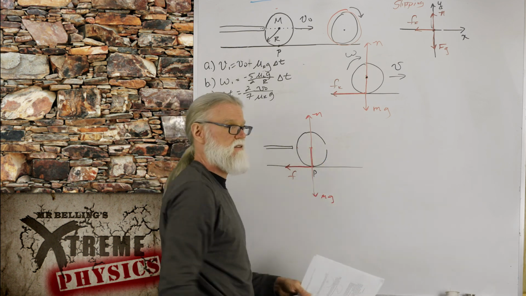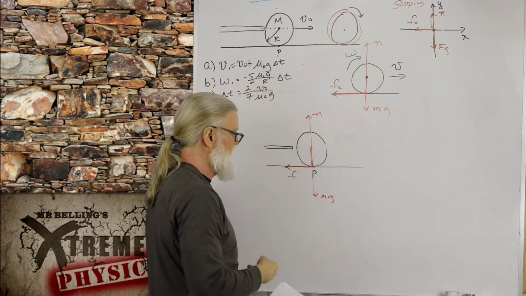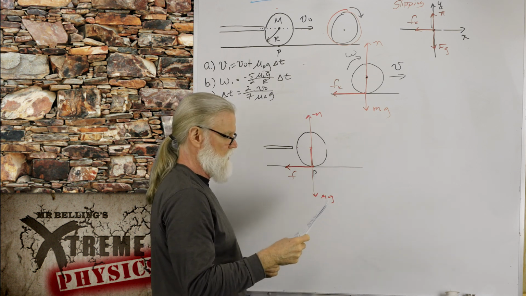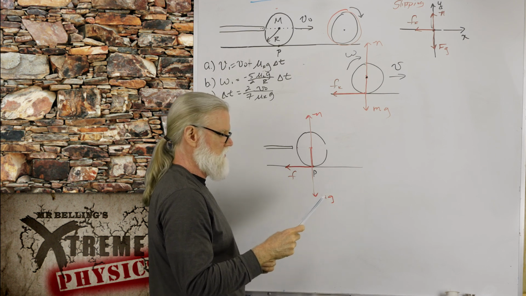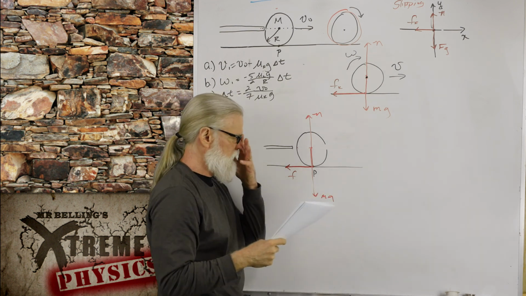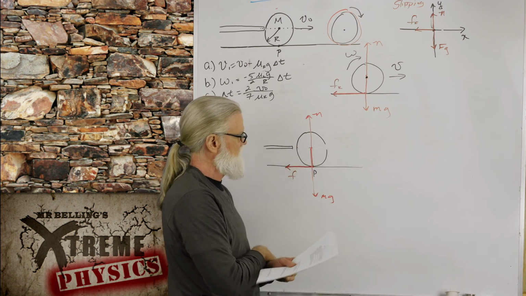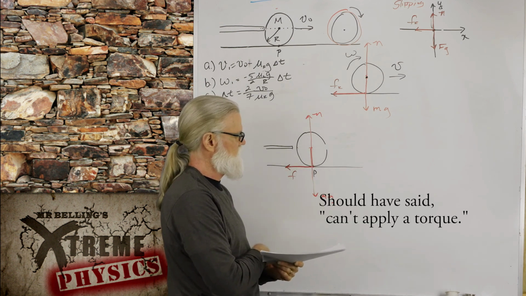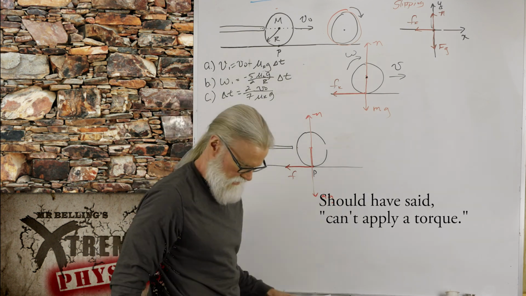So angular momentum will be conserved about point P. Angular momentum is conserved about point P when the ball is struck, during the subsequent motion. Explain why it's so. Well, because friction goes through point P, so it can't apply a torque about point P. There you go.